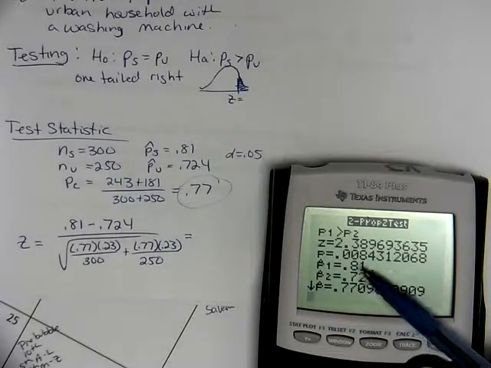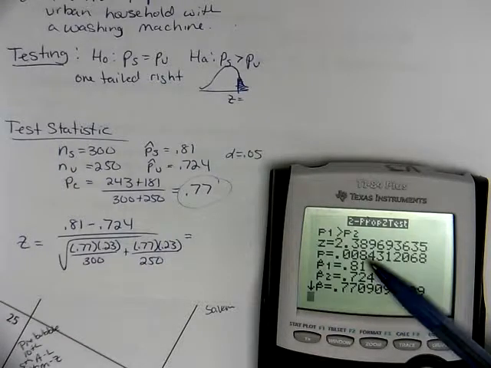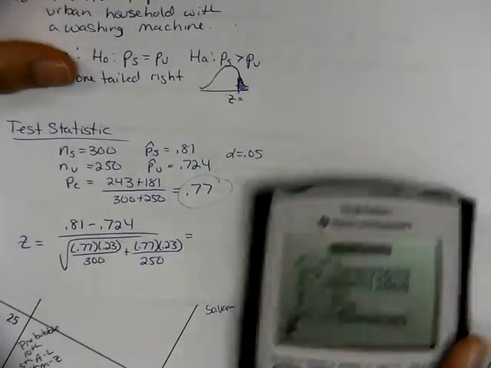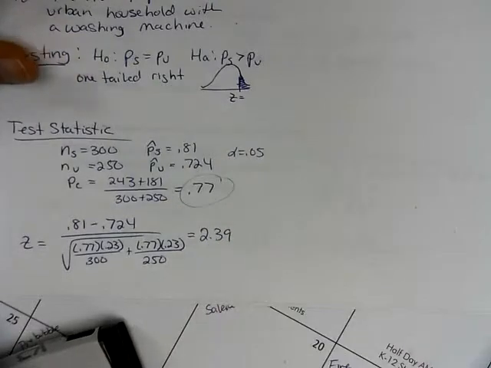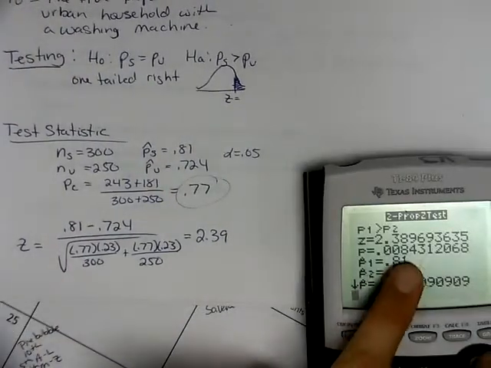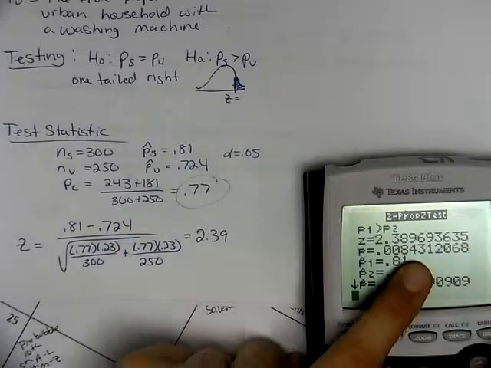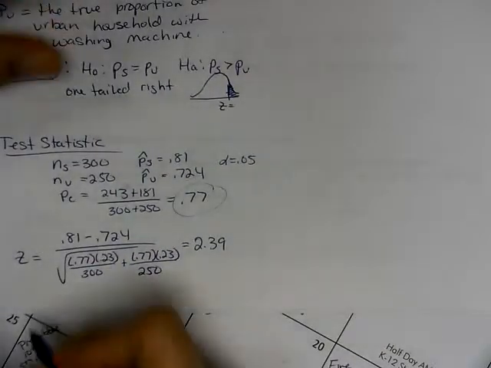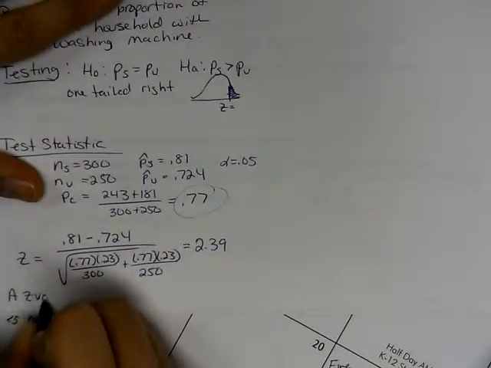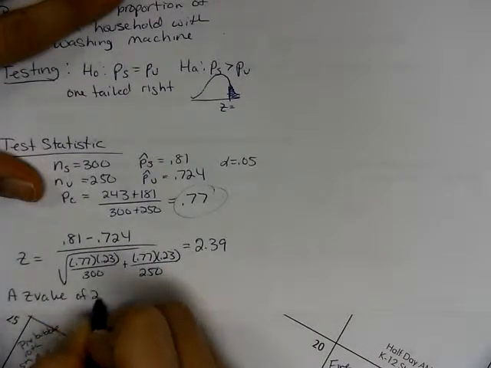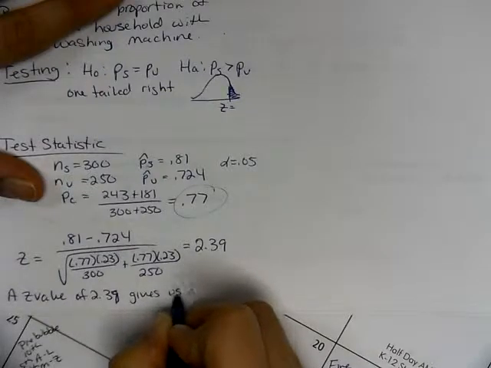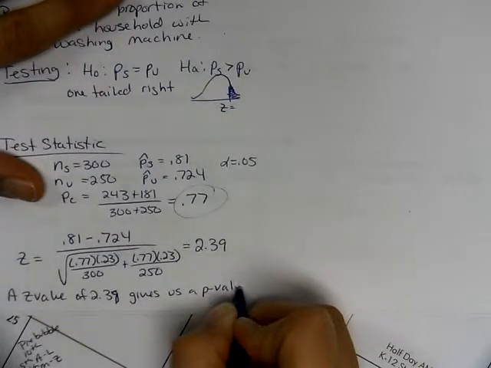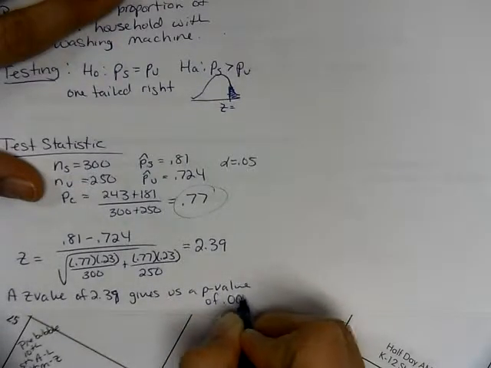Again, it should give you P hat 1, P hat 2, P sub C. So here our Z value is 2.39, and we get a P of 0.0084. So a Z value of 2.39 gives us a P value of 0.0084.